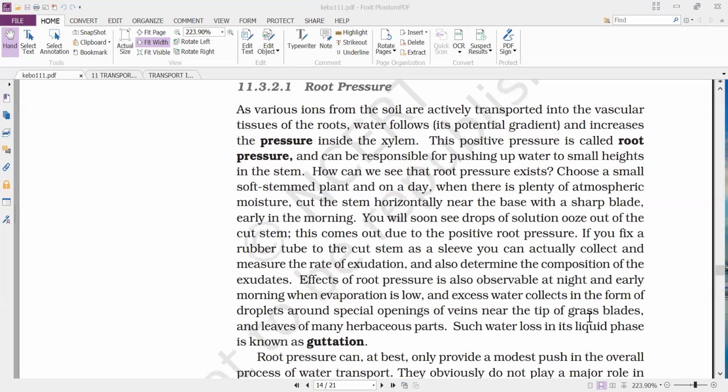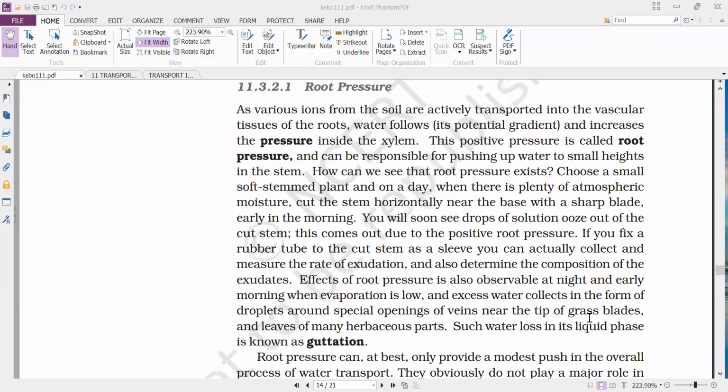We can observe guttation very clearly during the winter season in grass plants, because grass plants are very small. In tall plants we don't observe that much, because the root pressure is not enough to transport water over a long distance. It will transport only a small distance.